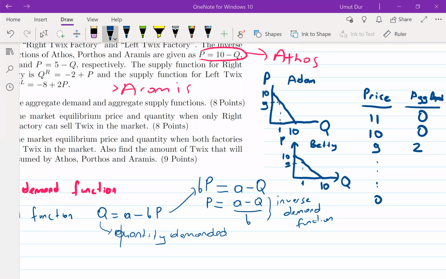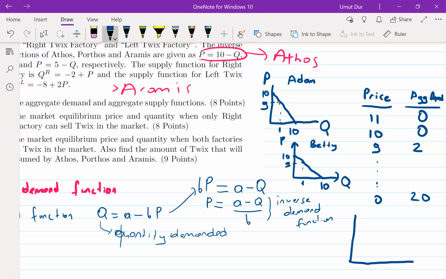Okay, so basically what we are doing is adding up the demands. It's not something very complicated, it's not complicated at all. If you would like to draw the aggregate demand function, what we are doing is basically pushing the demand function here.